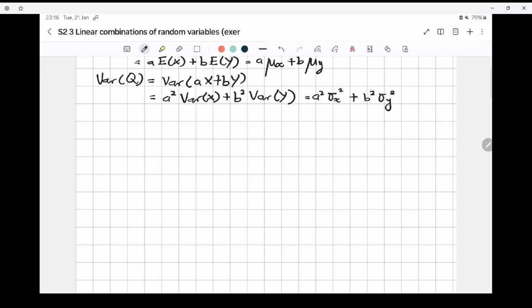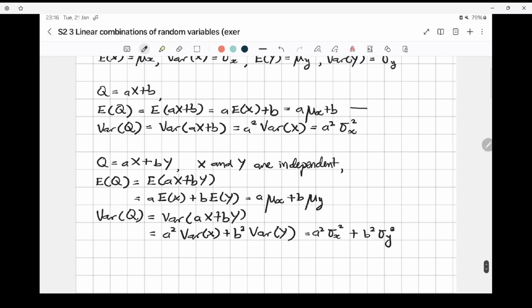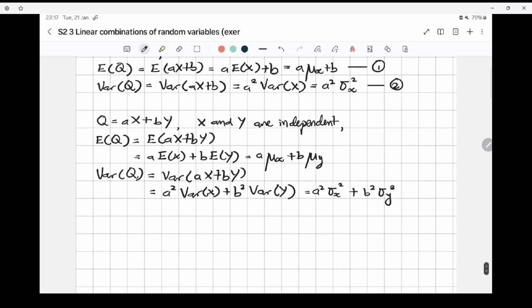So these four equations, let's say this is equation 1, this is equation 2, this will be equation 3, this will be equation 4. These four equations are the same regardless of whether this is a discrete or continuous random variable.